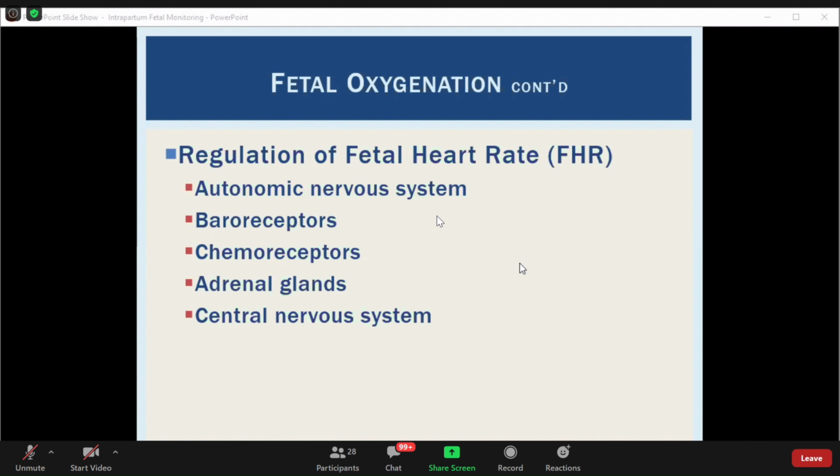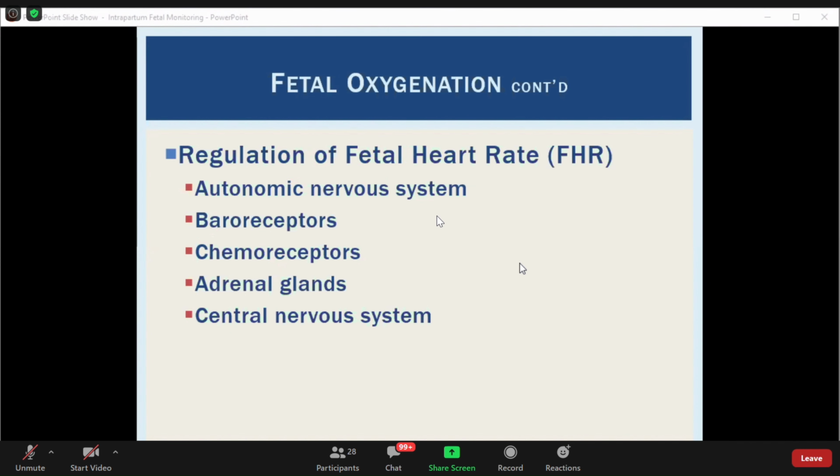These are the components of the central nervous system that factor into fetal heart rate regulation. I don't know offhand if your A&P course went into them.